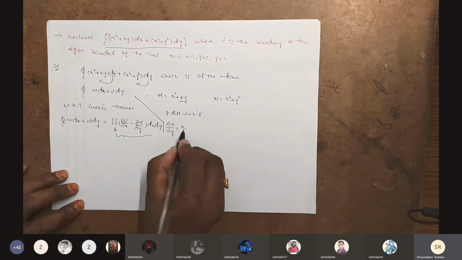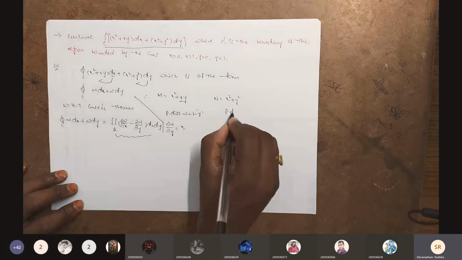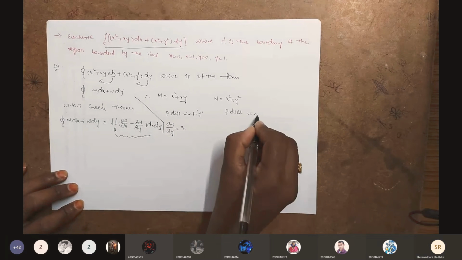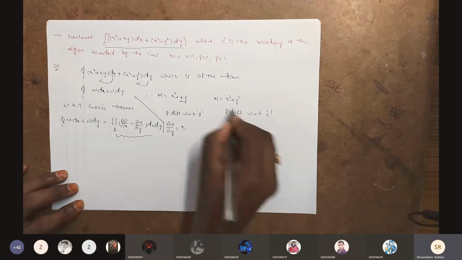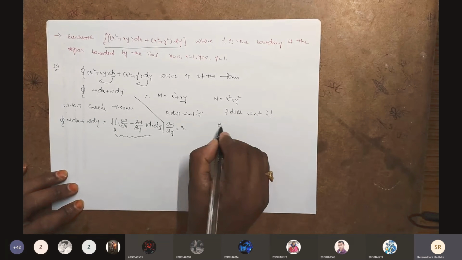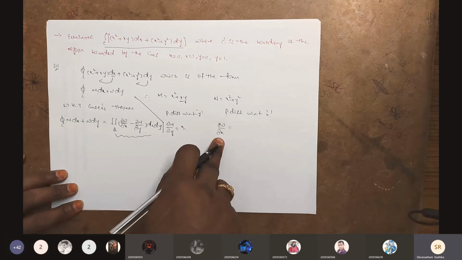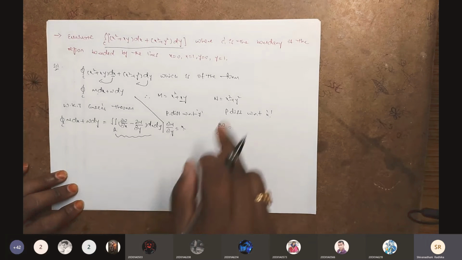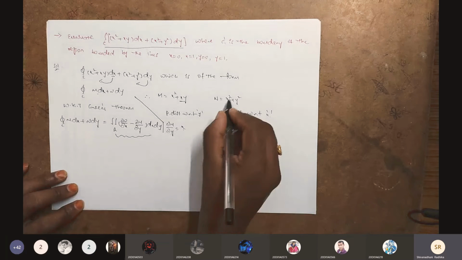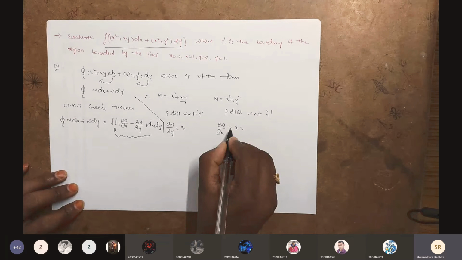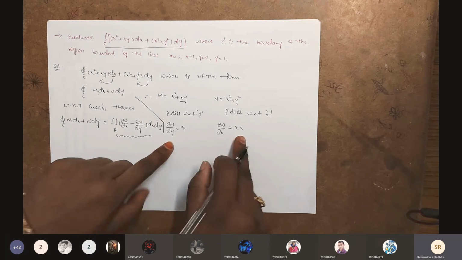Dou M by dou y is x. Again, partially differentiating N with respect to x, dou N by dou x: the independent variable is x, y square is purely constant. So x square differentiating is 2x. The partial derivatives are completed.